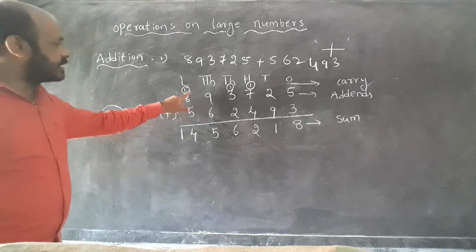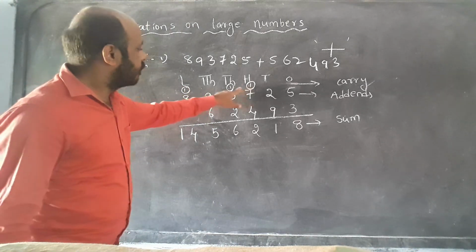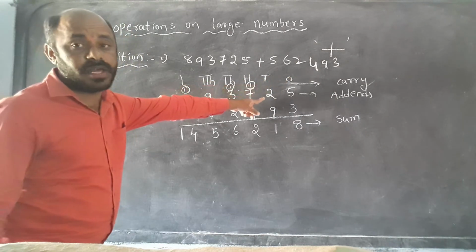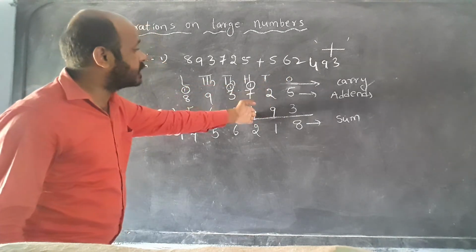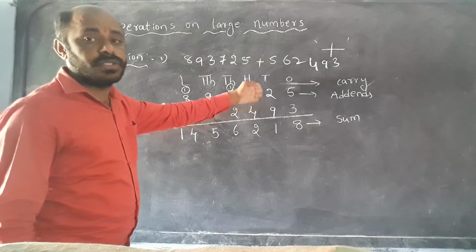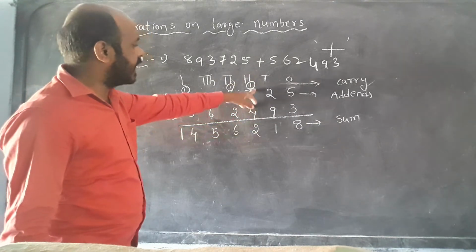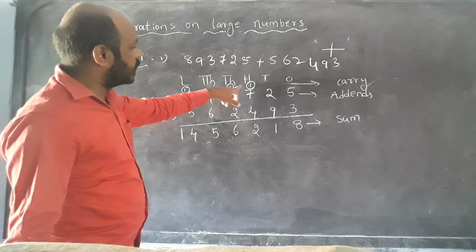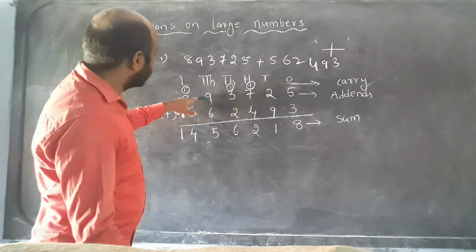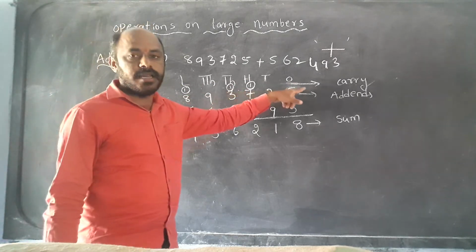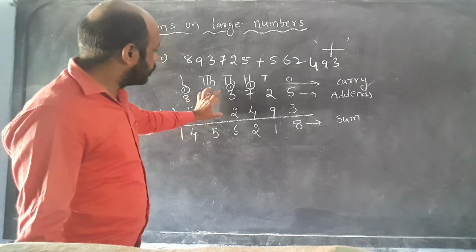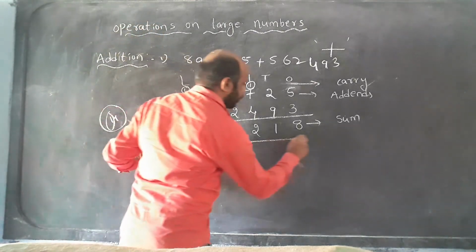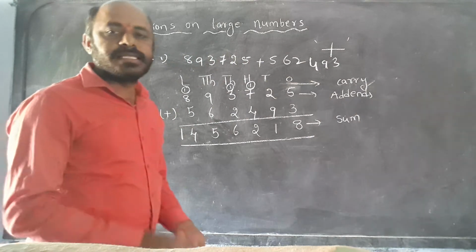Whenever we are adding vertical numbers and we get 2 digits, 1 digit we write down, and the second digit we keep up on the vertical, in the previous place value. Those we will call a carry. The numbers we added are addends. The total, the answer we got, we will call a sum.